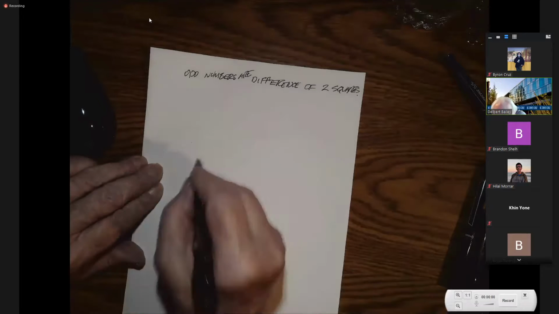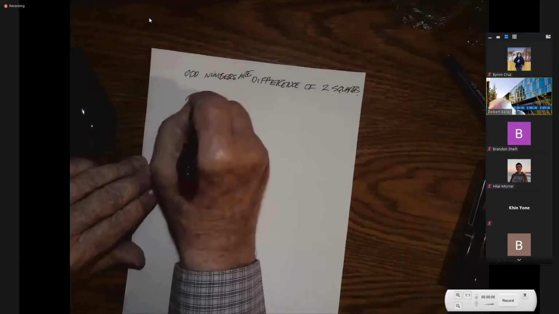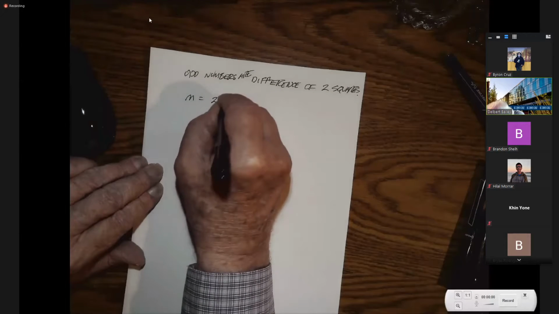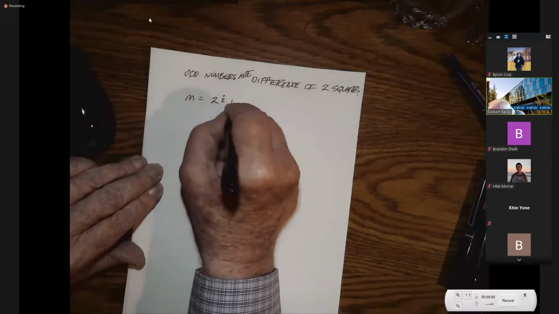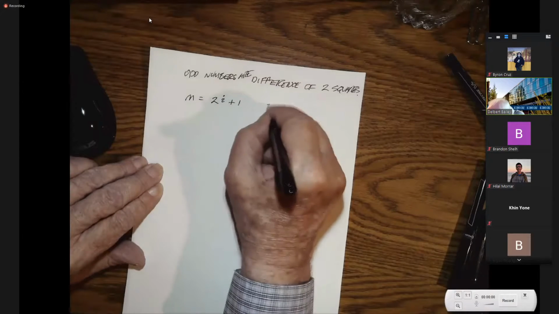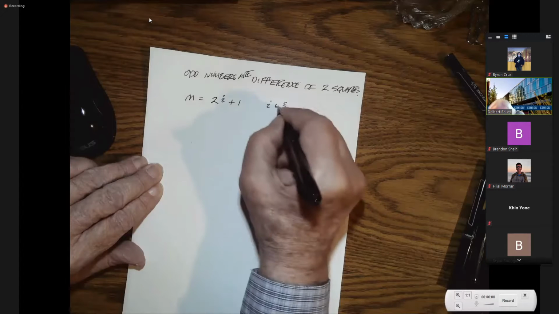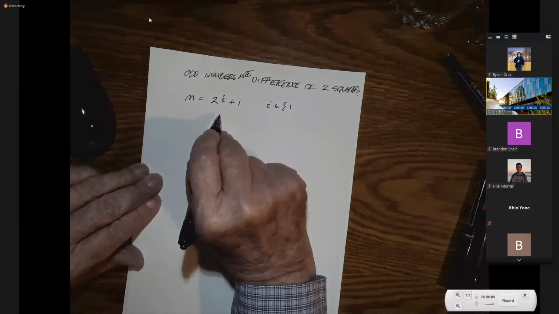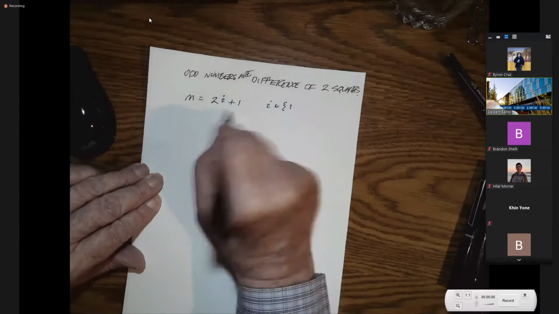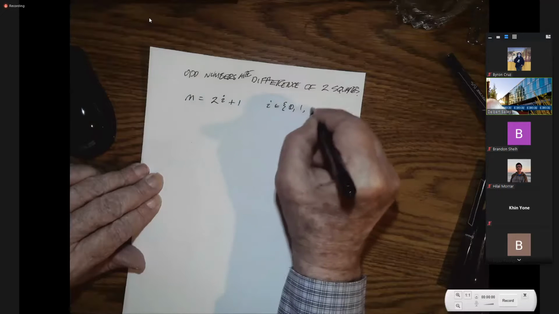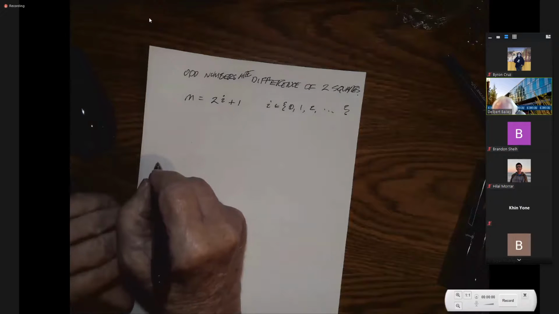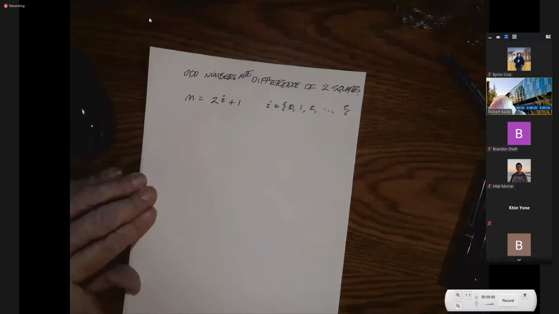Okay, so odd numbers look like this, right? It's 2i plus 1, where i is 0, 1, 2 and so on. So I want to show that it's a difference of 2 squares.